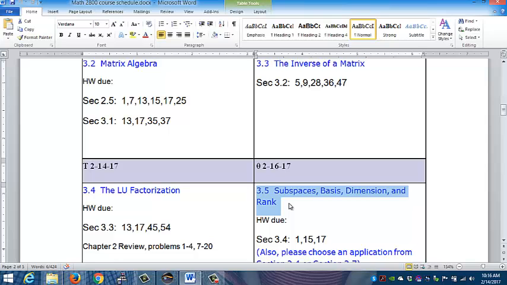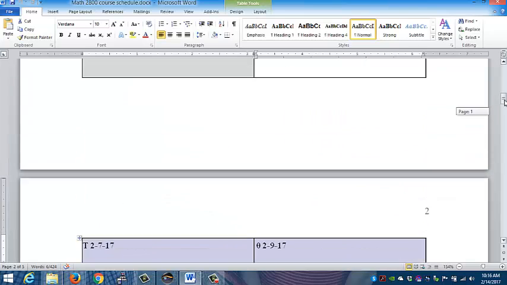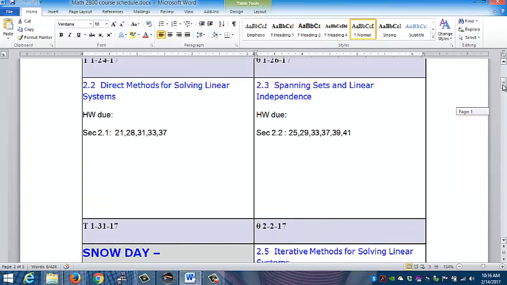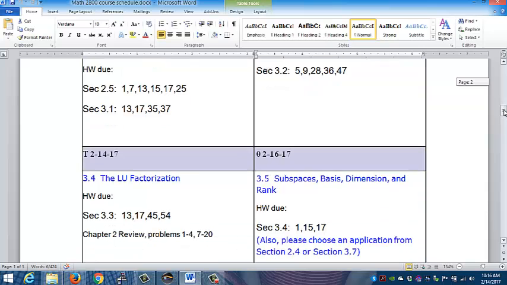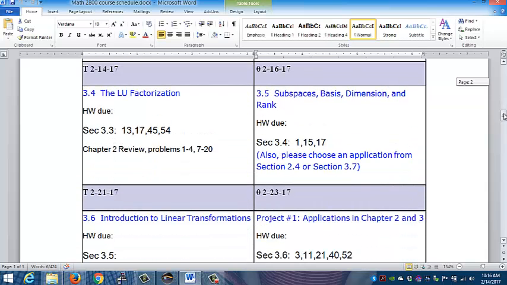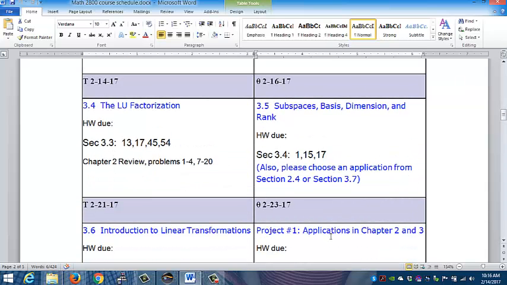You want to know linear algebra? Study 3.5. Okay? It uses some of the ideas we've already covered, I tried to do in depth, talking about span and linear independence. Those ideas come back into play on Thursday. But at least you can kind of see where we're going. Okay?